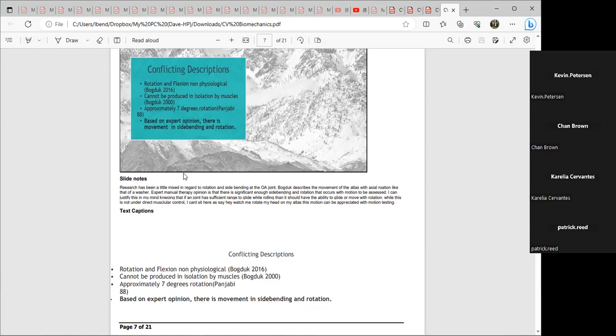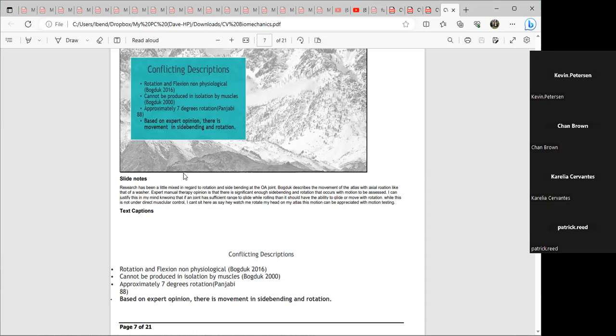Again, you look at different ones like Bogduk, which is a great reference: flexion, rotation, and he's called it rotation, a bit of flexion. I think flexion's probably wrong in there. Rotation is non-physiological. So probably flexion, rotation and lateral side bending or lateral flexion are non-physiological motions. No muscle causes that to happen. The joint is being pulled by different vectors, and it's a conjunct rotation.